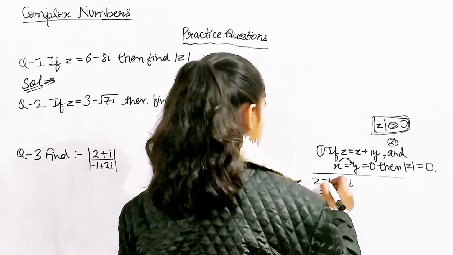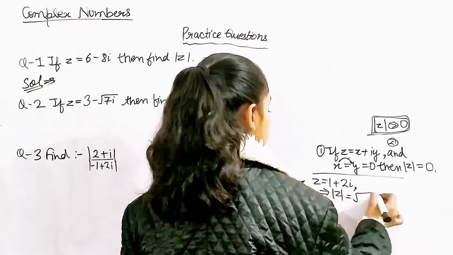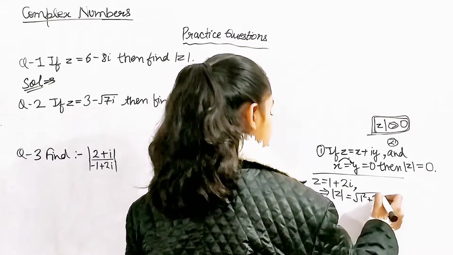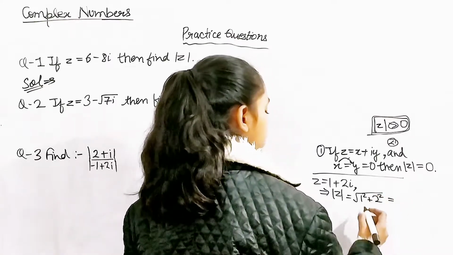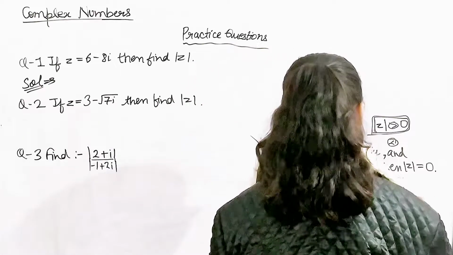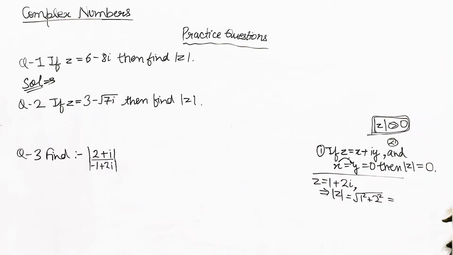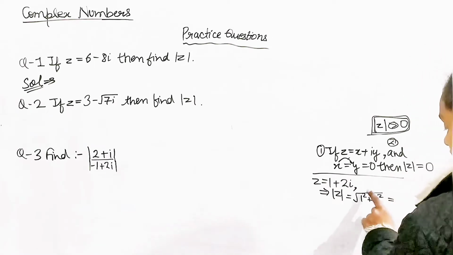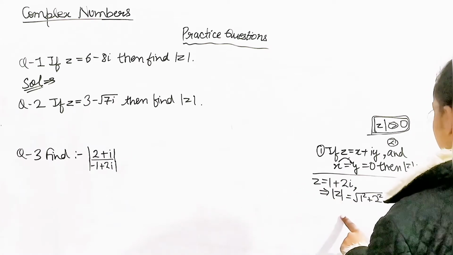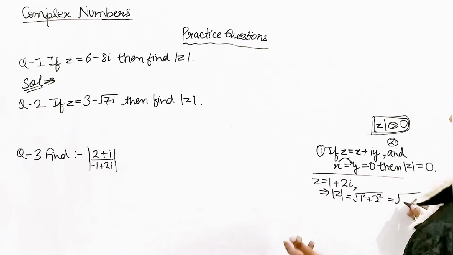What I did was put them under the square root, 1 square plus 2 square. 1 square will be 1, and 2 into 2 will be 4.